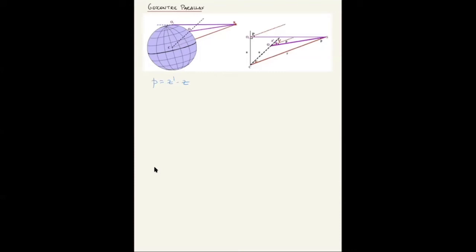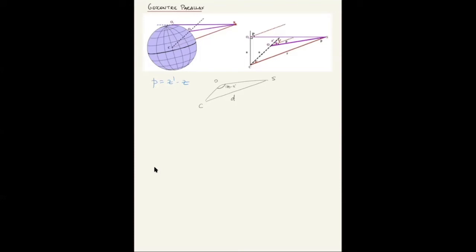Now, let's use the triangle OCS, which is this one, and apply on this triangle the law of sines. Now, this angle is 180 minus Z prime. This is D, the distance.